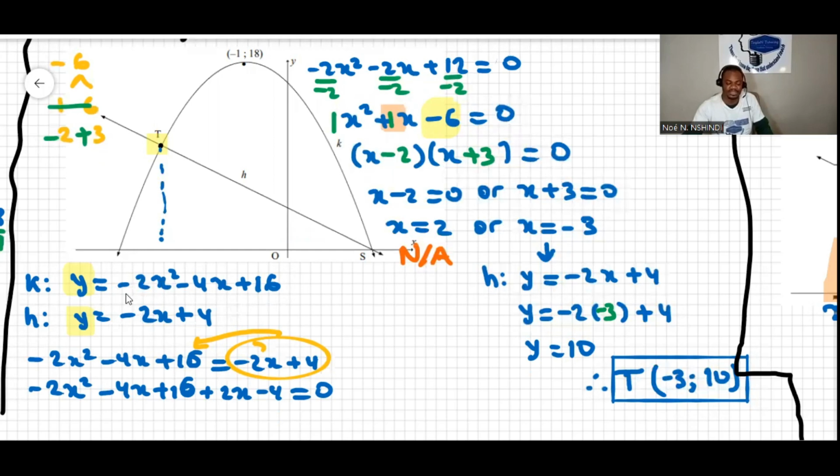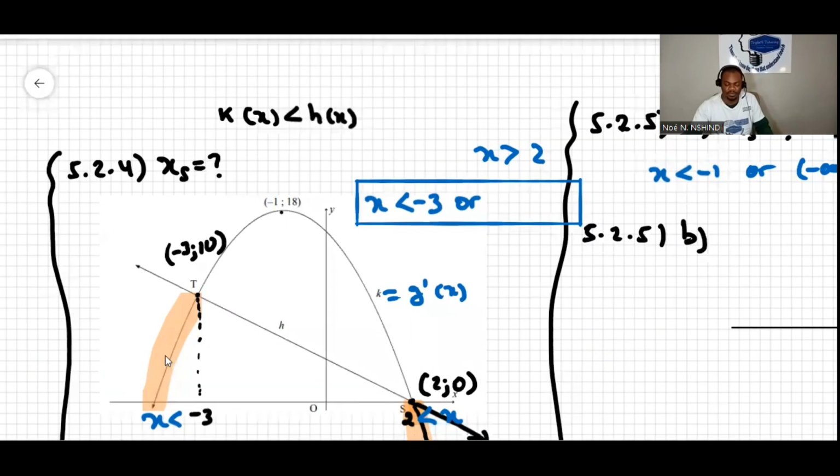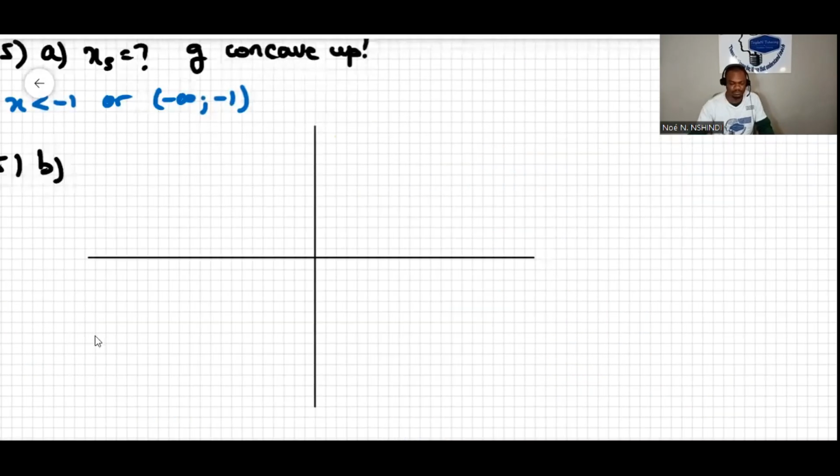This tells us that g of x will be of the form, let me start saying it this way: the graph of g of x will be this form or this other form. Those are the graphs of a cubic function. How do I know it's a cubic function? Because its derivative is a quadratic function, so the function itself must be cubic.